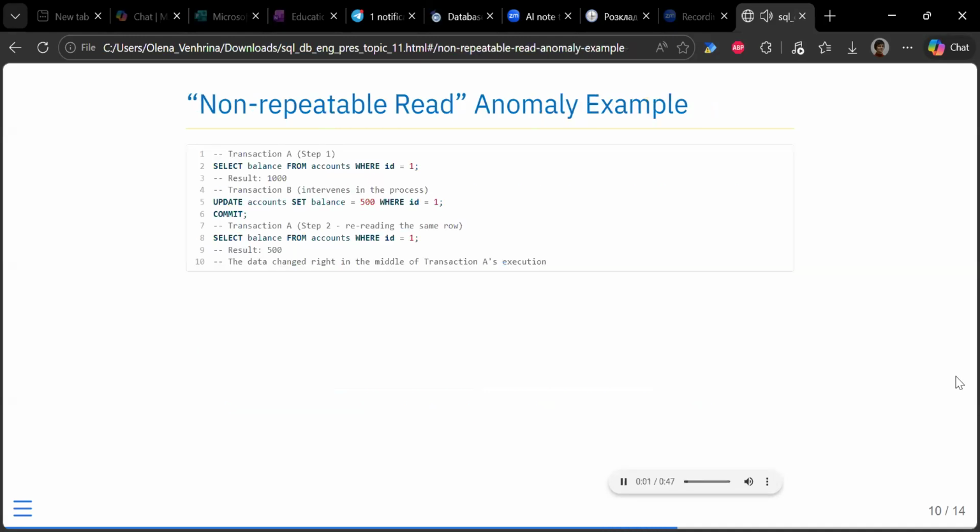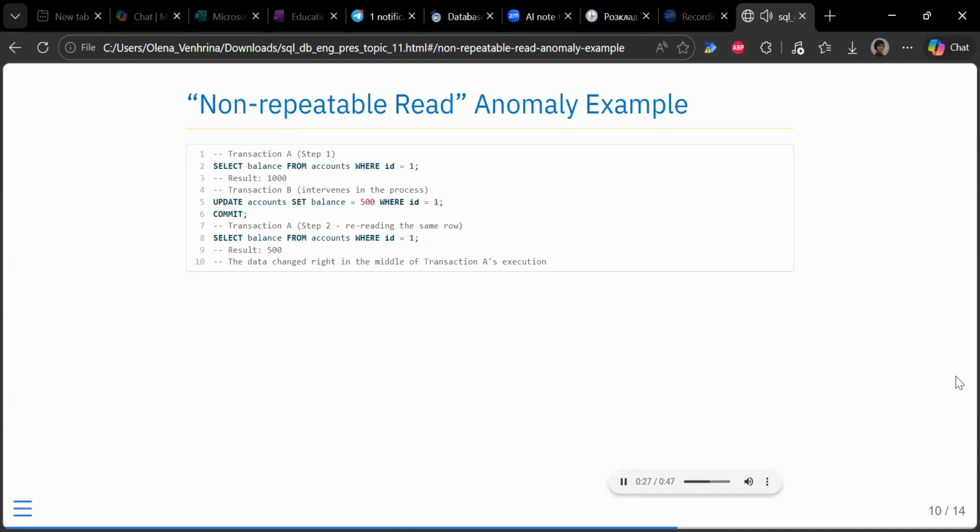Let's look at the code to understand the problem more deeply. In the first step, Transaction A checks the balance of account number 1 and gets the value 1,000. At this moment, another process, Transaction B, updates this balance to 500 and commits the changes. Since the commit command occurred, these changes are legitimate and visible to everyone.